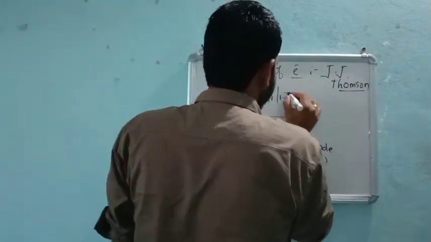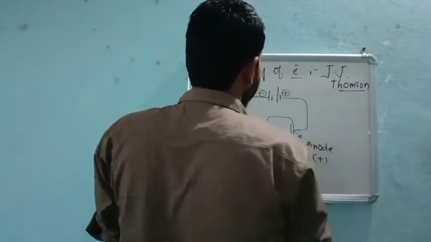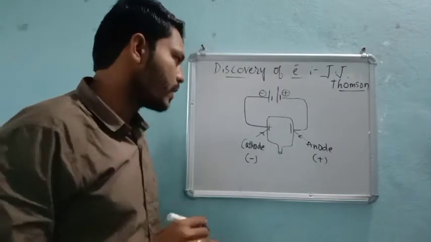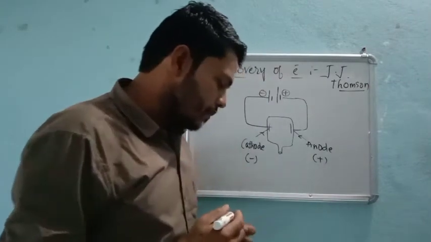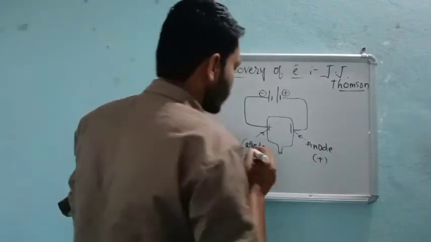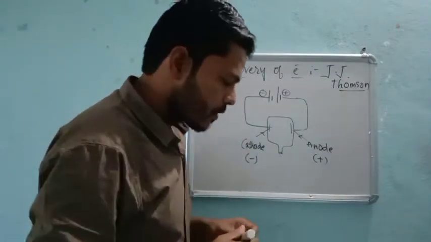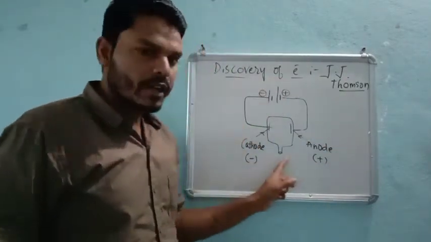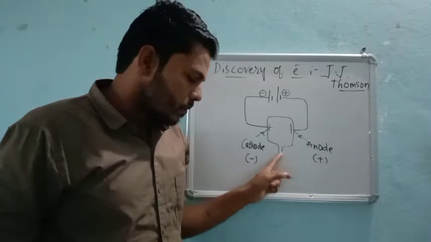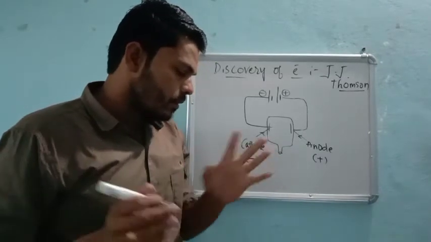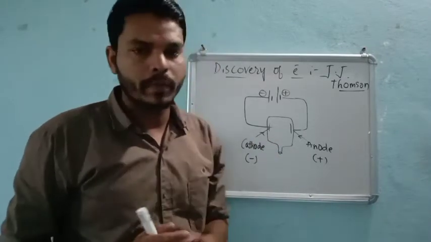One side you can say positive, the other negative, like a battery. Now, see here. This is called a discharge tube, and this is also called the discharge tube experiment.